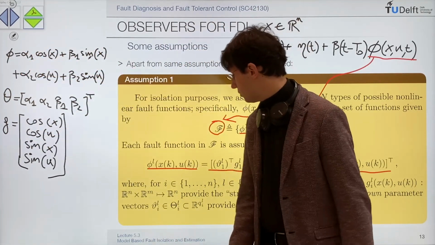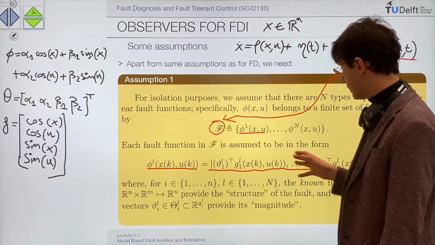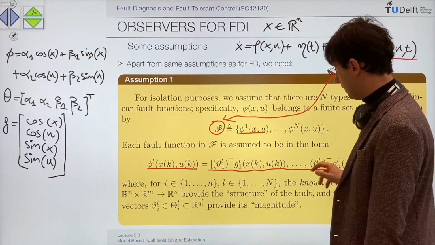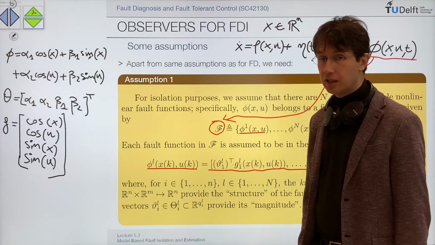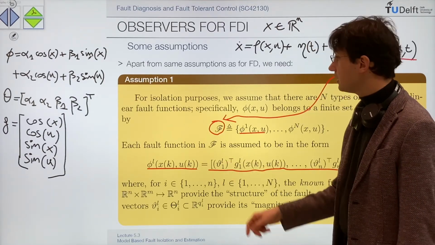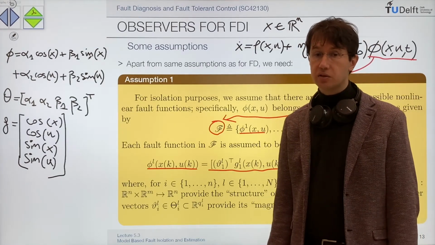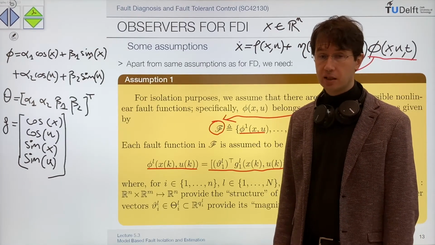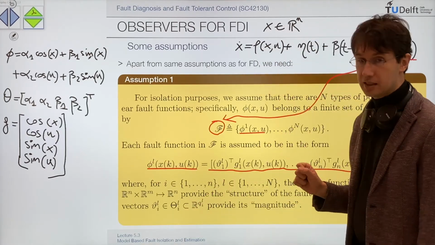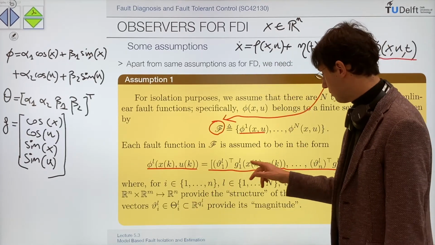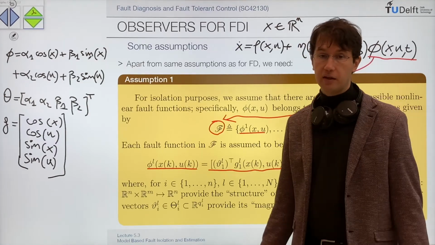So at this point, you need to imagine that the fault class has a lot of these. And every g has a different shape, and the parameter theta is different. They don't need to be the same size. So phi has n components, but the components of g can be anything that you like.